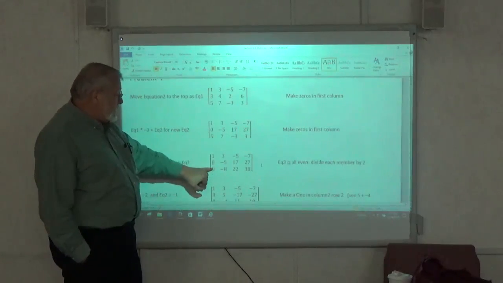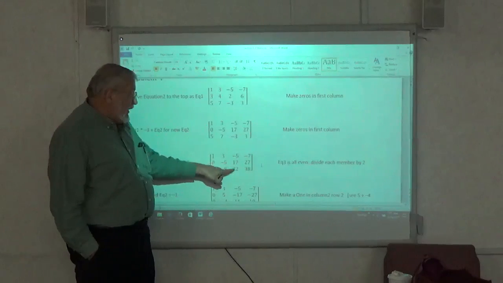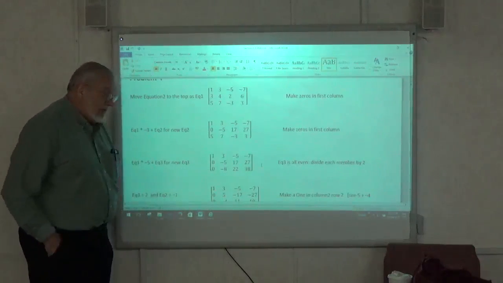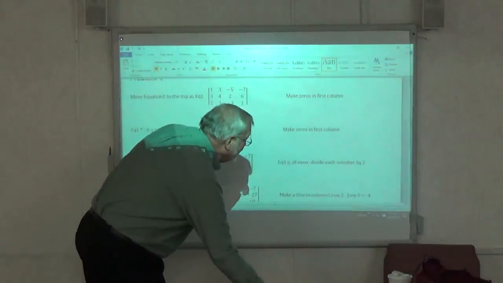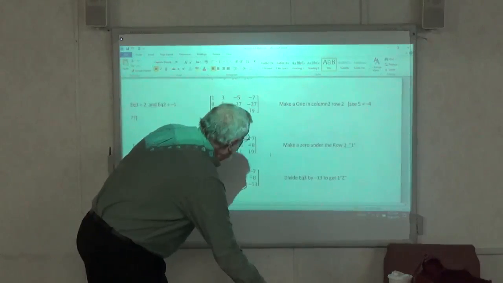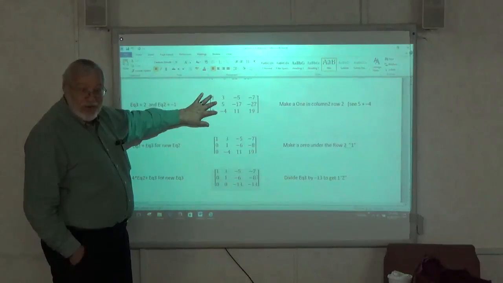Now once you get this down, then you've got to start looking for either a 1 here or 1 here, someplace to find the 1. And this one was pretty easy, wasn't it? 5 minus 4 is 1.